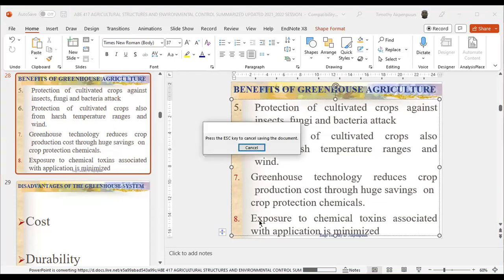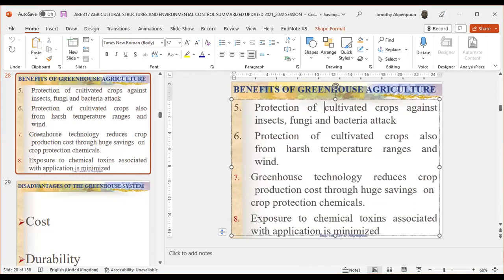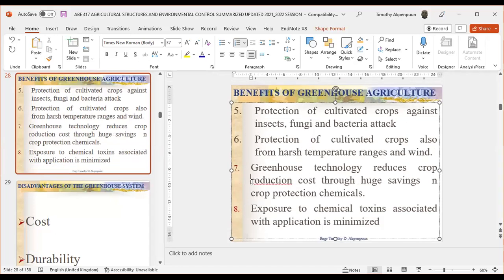Since the greenhouse protects the crops from bacteria, from insects, there will be no need to buy all these insecticides, herbicides, and all, since it's protected from the insects and atmosphere, flies and all. So it will reduce the cost of buying all those insecticides that would probably just waste money. So it will prevent you from wasting money on buying all those insecticides.